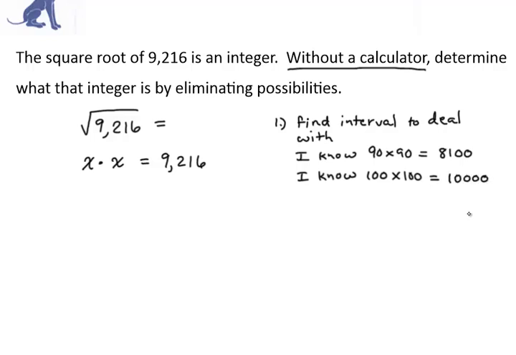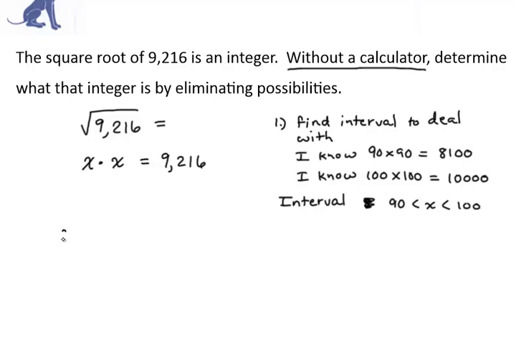Okay, so 10,000 is bigger than 9,216. So my interval is basically between 90 and 100. So I found my interval.